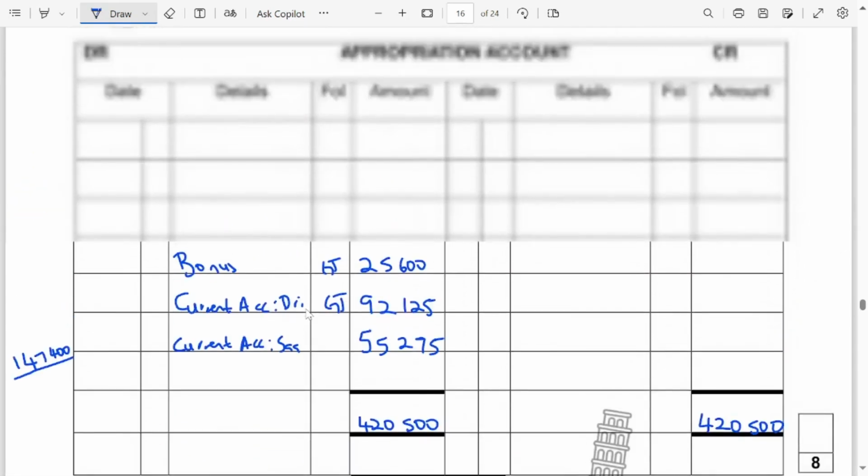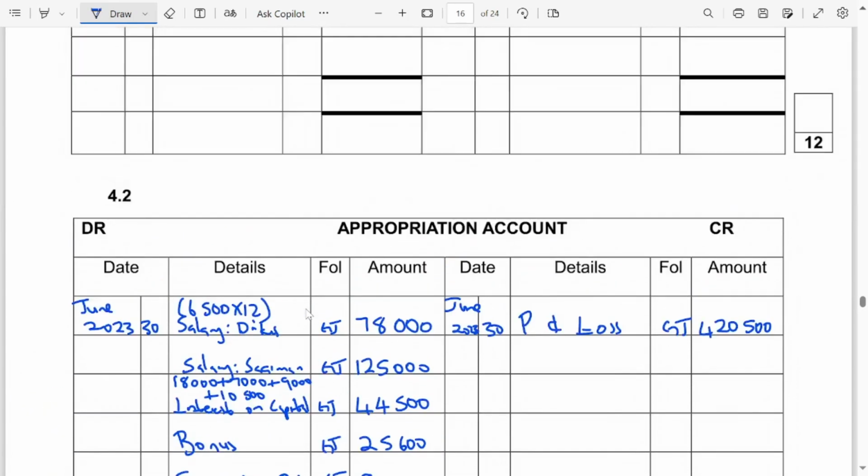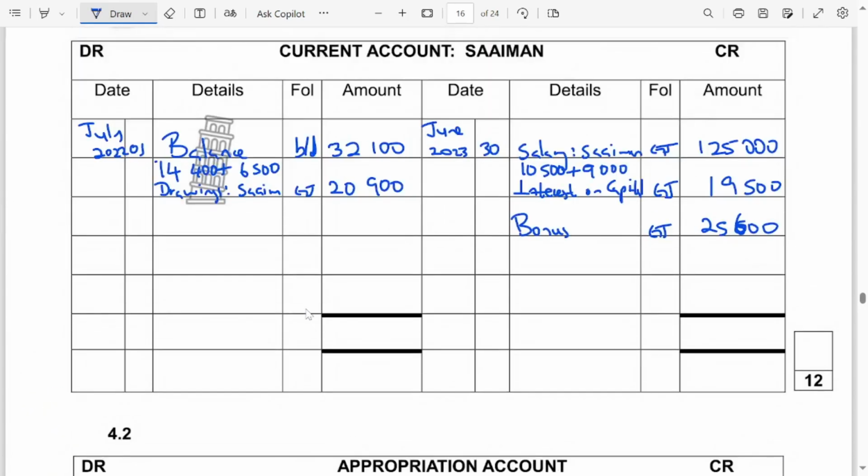As we know that if something is debited, it must also be credited somewhere else. So we're going to go and record it on the credit side of the current account of Seaman, coming from the appropriation account for Seaman. So that is 55,275, right?